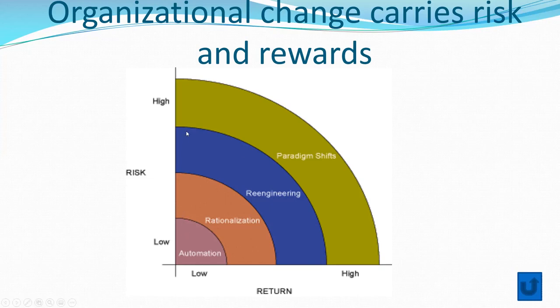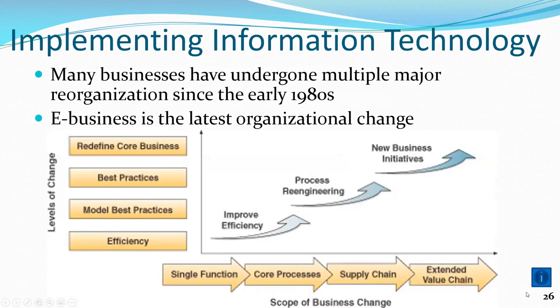So this is a kind of change, a technological change, and with the technological change you can see, from automation, rationalization, re-engineering to paradigm shift, the risk getting higher as well as the return getting higher and higher, right? This is the kind of situation where we can understand the implementation of information technology.